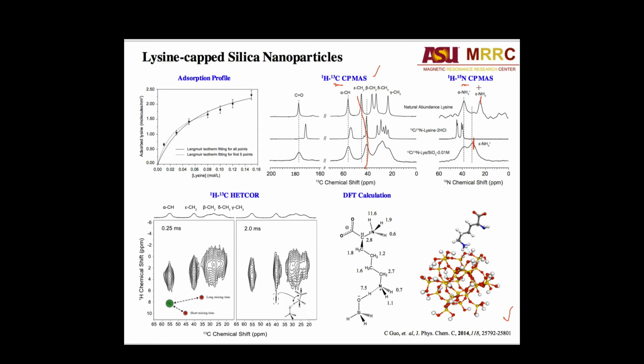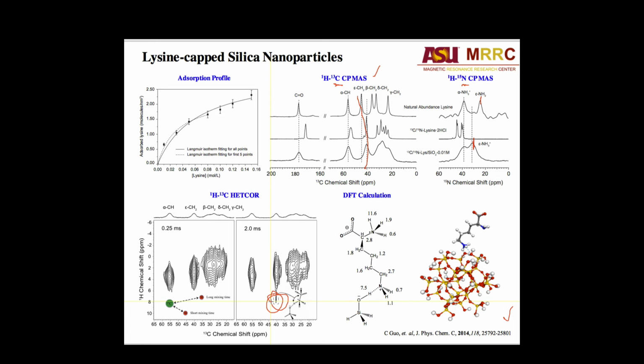Basically, if you apply a longer mixing time, you will see correlations over a longer spatial distance. In the 0.25 millisecond spectrum, we didn't see the correlation between the CH2 group and the hydrogen bonding proton. But when we change to 2 milliseconds mixing time, we can successfully see this resonance, which has a proton chemical shift of about 7 ppm.